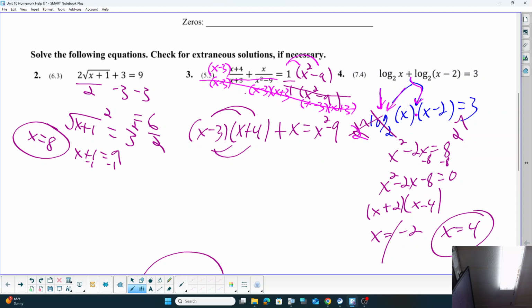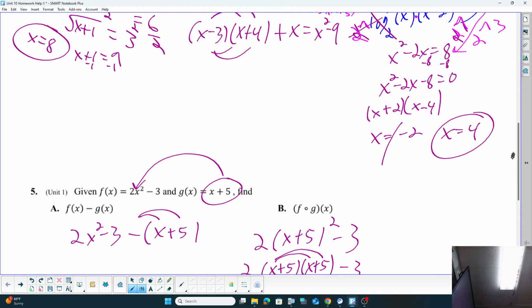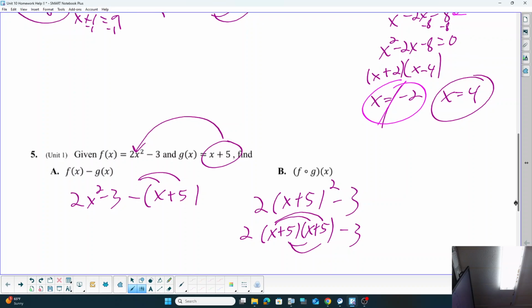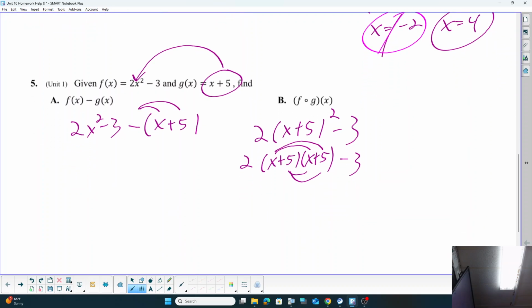And then we base 2, shove a 2 under, raise it up, number 3. What is 2 to the 3rd power? 3 becomes an 8. Can't do log of a negative number. So x equals 4.